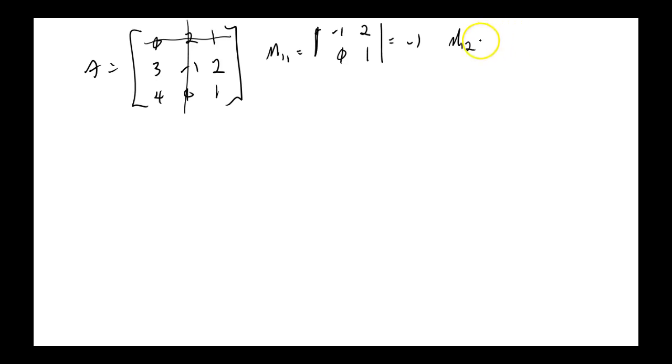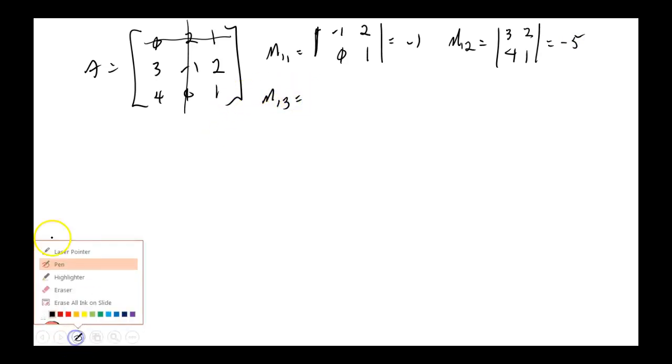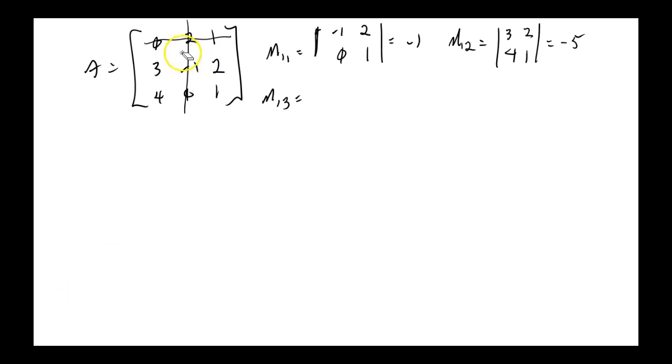Okay, you're listing it, okay. 3, 2, 4, 1. And what's that determinant? -5, okay.